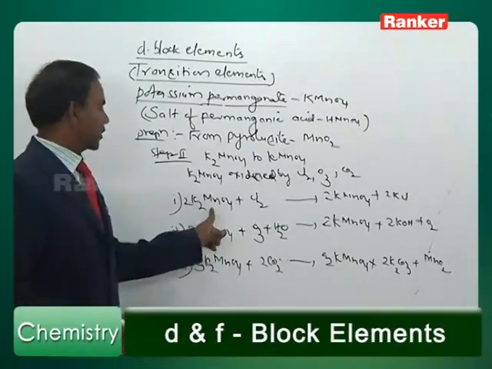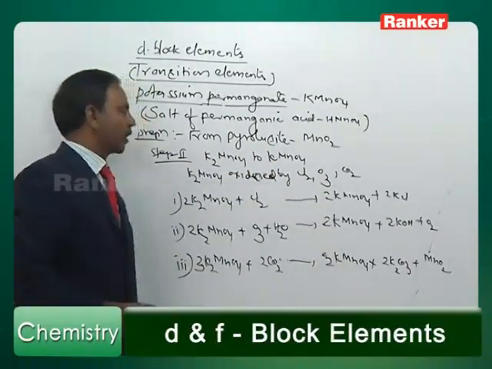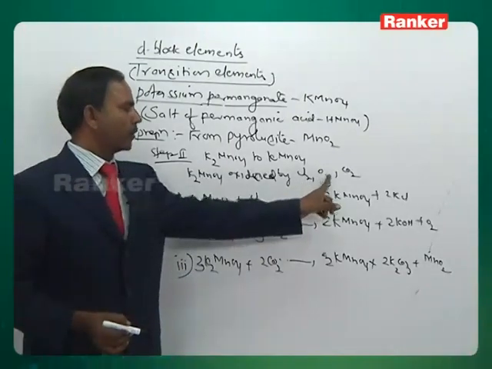Like this, potassium manganate is convertible to potassium permanganate by using chlorine or ozone or CO2.